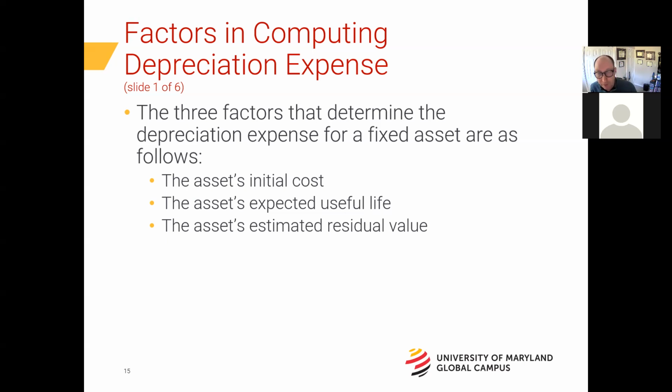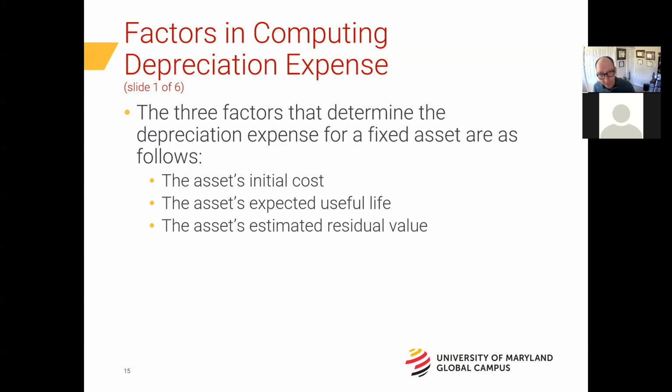Okay, so before we calculate depreciation, there are 3 things you need to quickly find out. Number 1, what is the asset's original cost? And remember, the original cost includes the purchase price plus all the other related stuff, plus installation, plus delivery fee, plus whatever else.